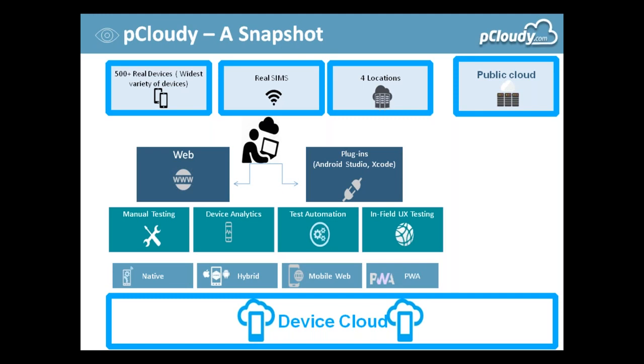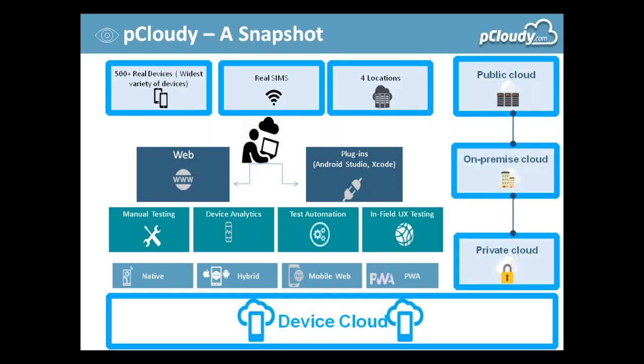There are other flavors available for organizations to choose from, and the flavors are either private cloud, where organization can set up a dedicated cloud for their own use when they are looking at 24/7 dedicated devices, or on-prem cloud, where if you already have devices within your organization and you want to create an internal cloud for your distributed teams, on-premise solution could be this option.